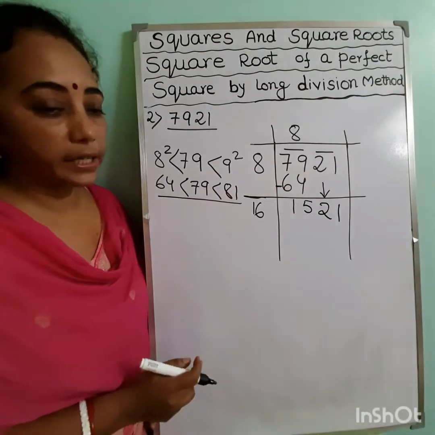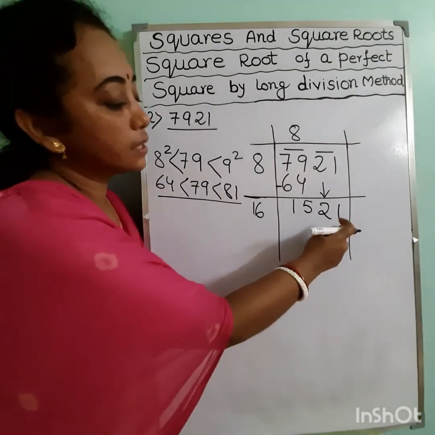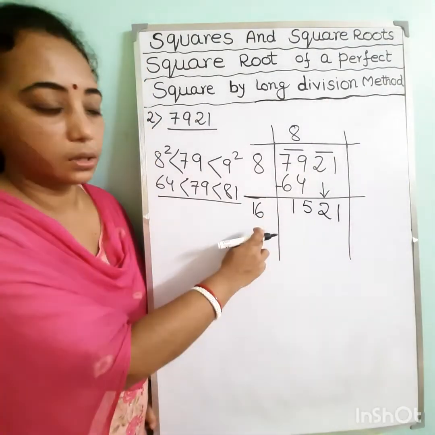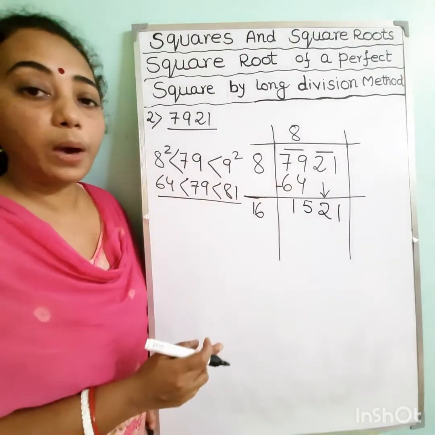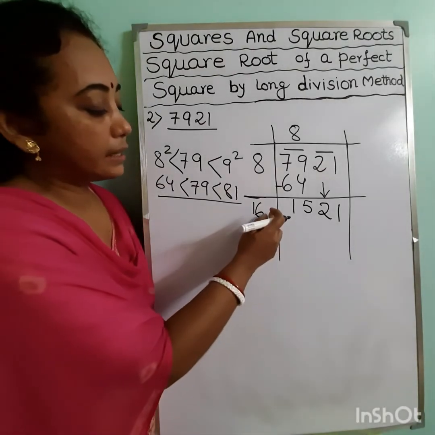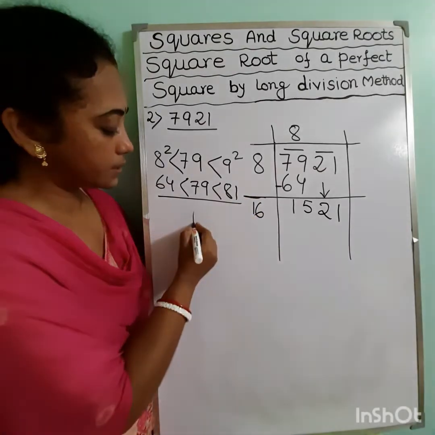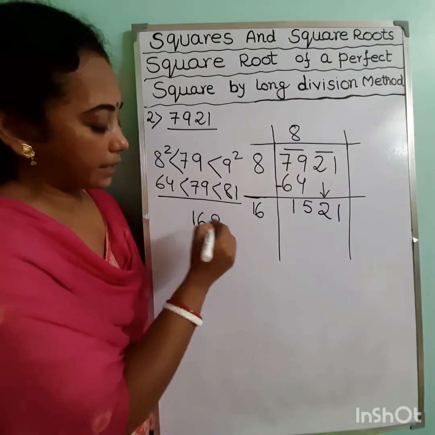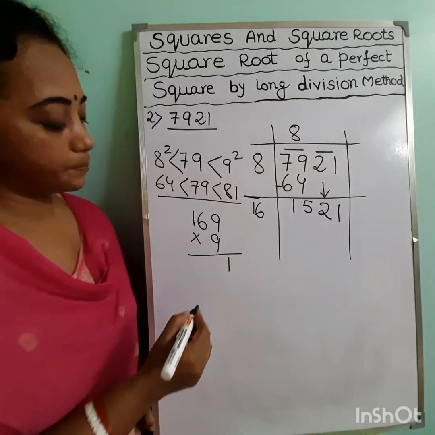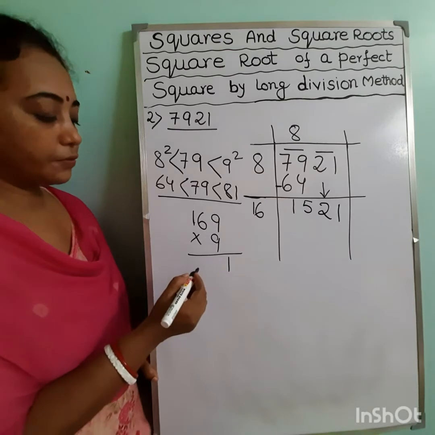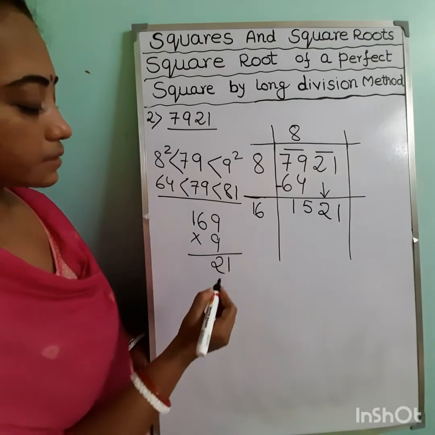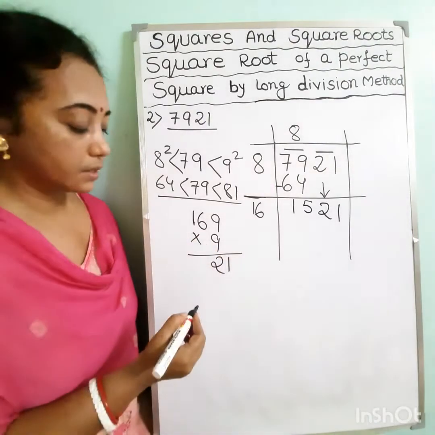What number should we take? We have to think first, because here the unit place is 1. If we put 1, 1 ones are 1, but this number is very small. Now we have to think of a number whose square has unit digit 1. We know 9 9s are 81, so if we take 169 with 9 as the new digit and multiply by 9, 9 6s are 54, plus 8 is 62, so 2 will come, then 6, then 9 ones are 9 plus 6 gives 15.